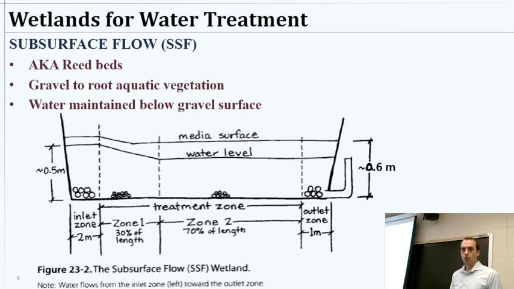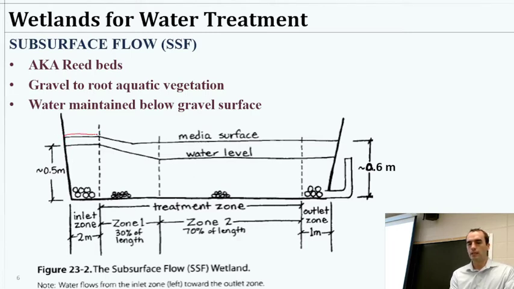Okay, so essentially what this will look like, and this is actually the type of system that I've got some pictures from, is you're going to have maybe half a meter or so of gravel media, probably a bit more than that.